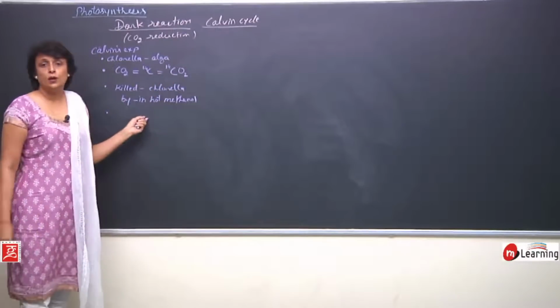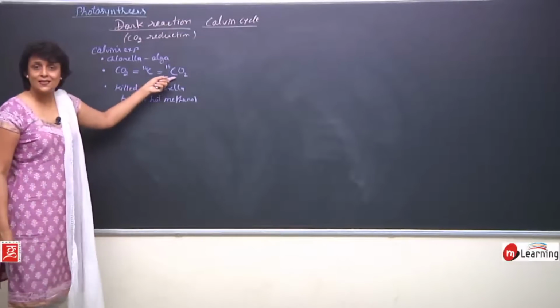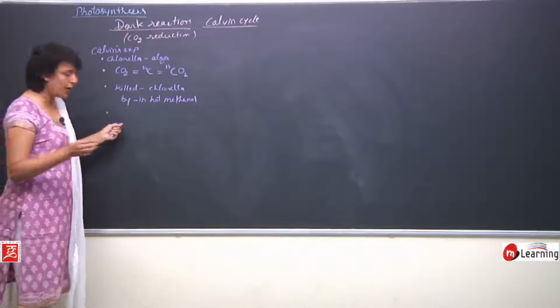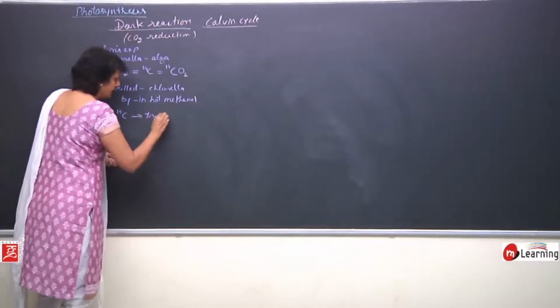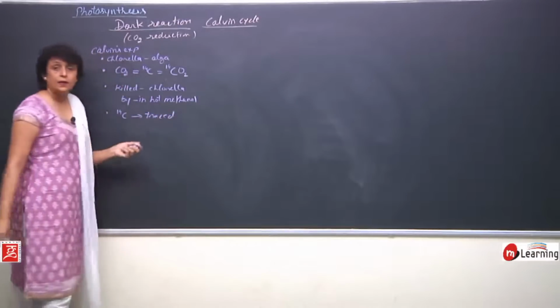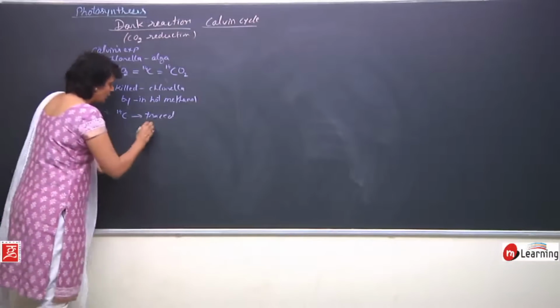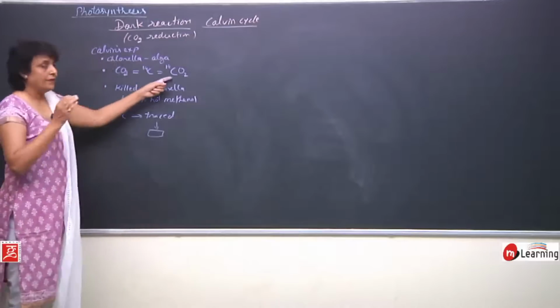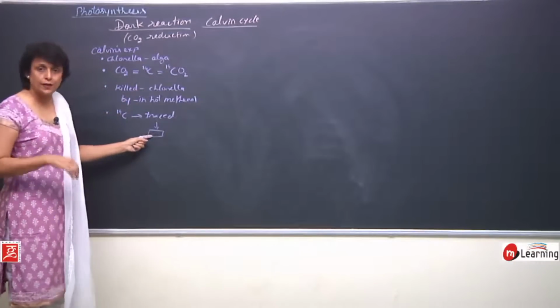He used chromatography also, to trace this carbon, trying to see where it went, and this carbon 14 was traced. When he started tracing it, it was found in a particular compound. So, he said, okay, this carbon dioxide which is taken by the green plant gets converted into this.